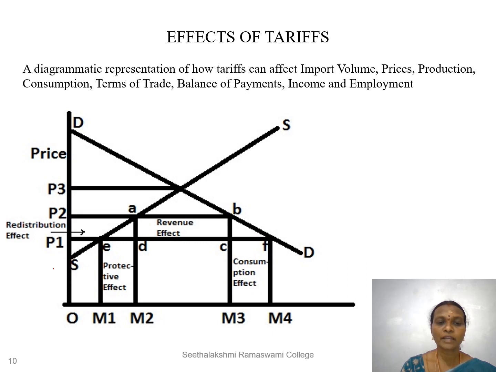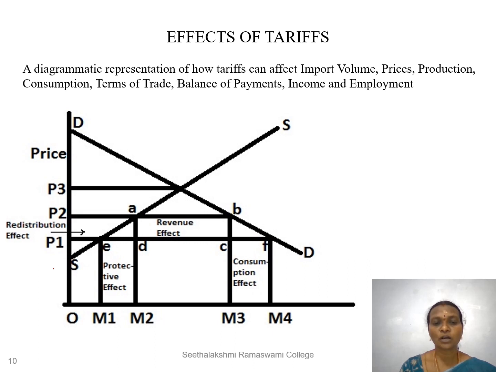They are able to gain a bigger triangle, that is SAP2, because of the imposition of tariff. So the profit has been increased from P1ES to the P2AS area. So the producer is able to get maximum profit, that is the producer surplus. This is called the producer surplus.